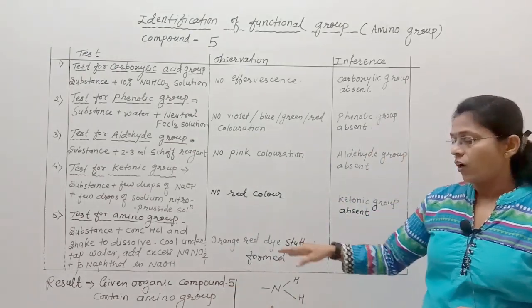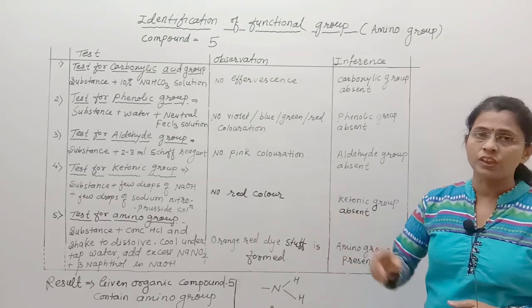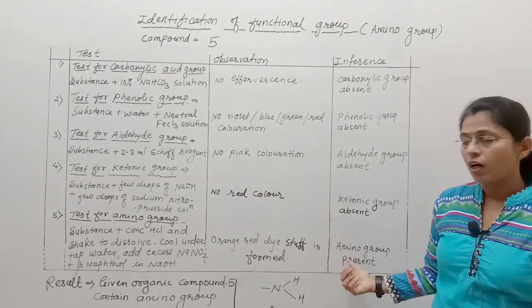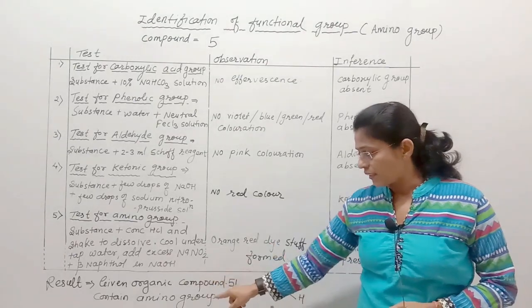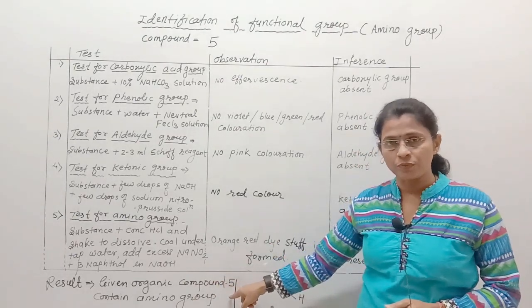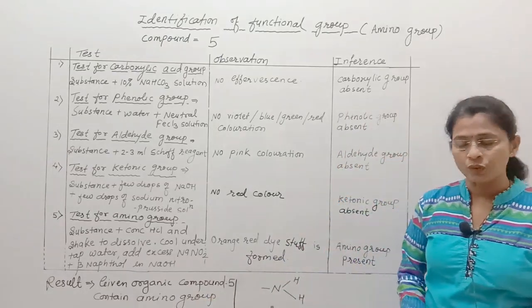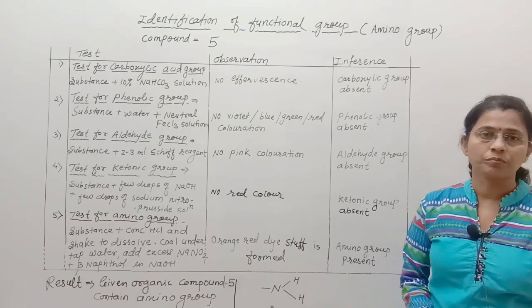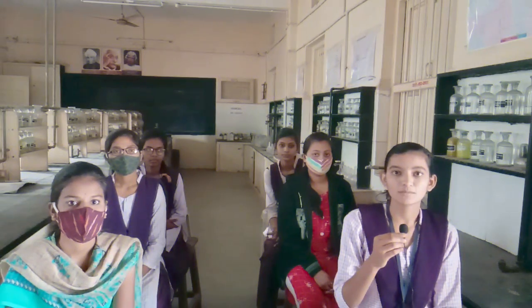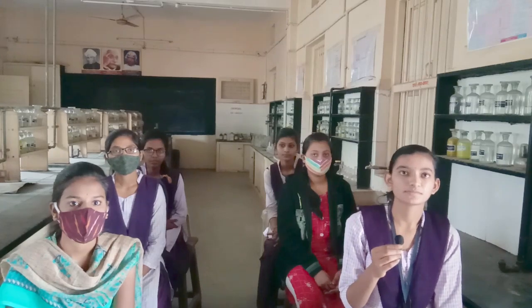We get orange red dye stuff, means in our given organic compound amino group is present. Note your result that compound 5, which is given to us today, contains amino group as a functional group and represent its structure. Ma'am, please repeat the important points of the experiment so that we can solve the MCQs.